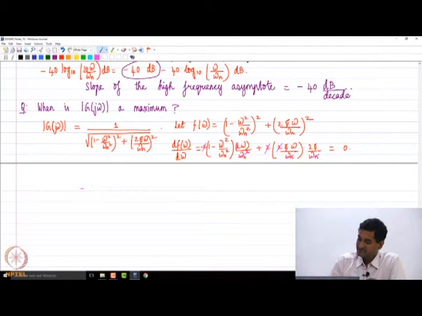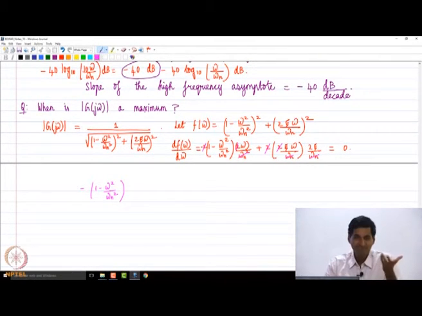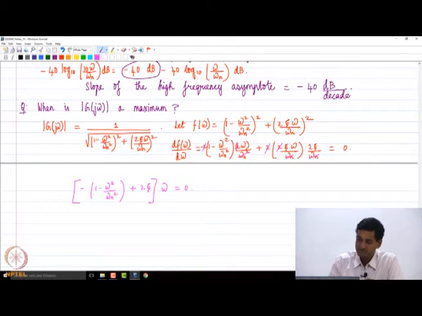I will have minus 1 by omega squared divided by omega n squared. Obviously, omega is not 0, but of course, I can have 2 solutions. We will come to that shortly. Plus 2 zeta times omega is equal to 0. So, this has two solutions. I just simplified this and wrote it.